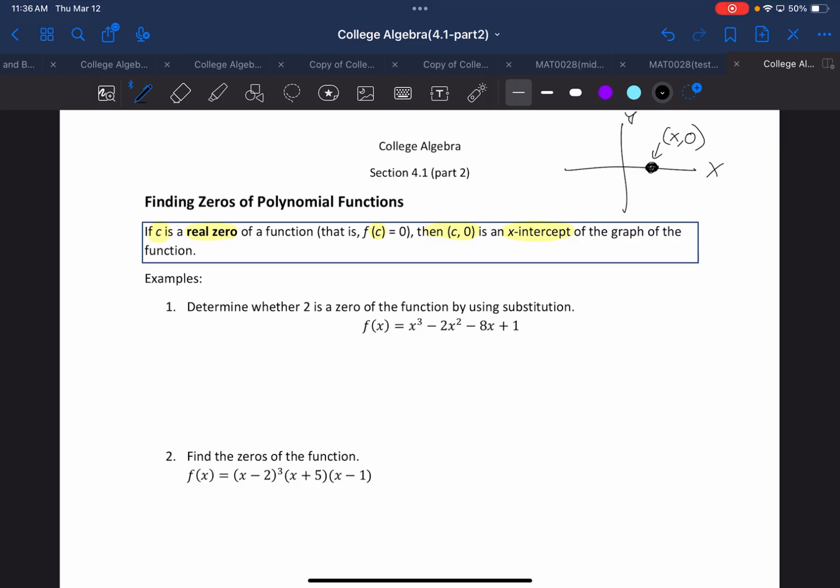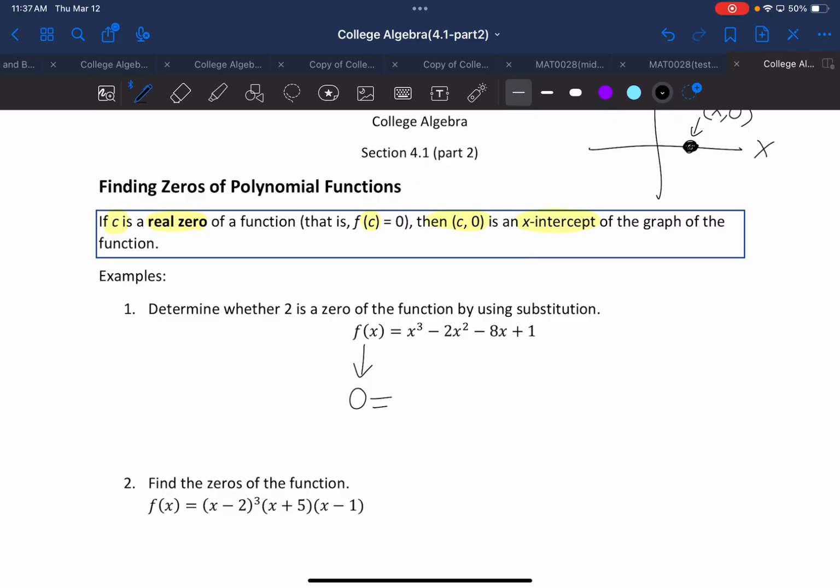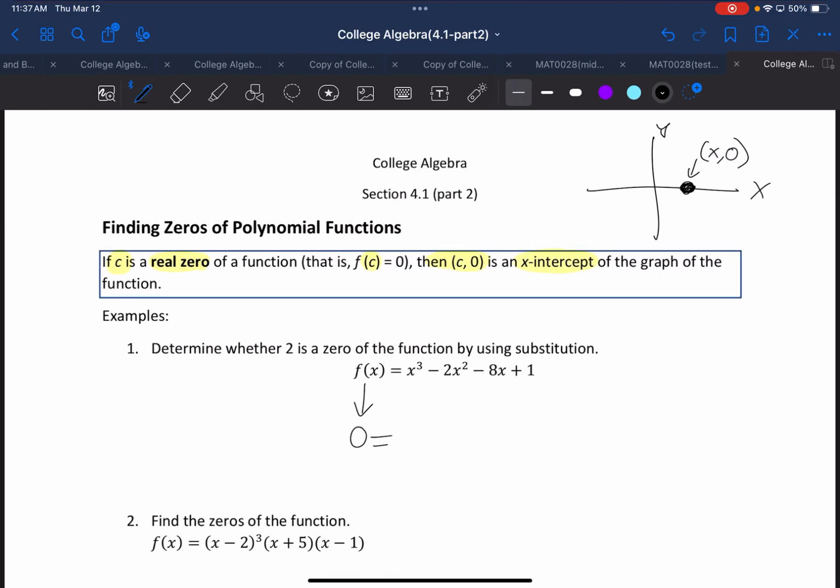So if I wanted to find a 0 of a function, I would set this equal to 0 and solve, because I'm plugging in 0 for y, and f of x is y. Just making sure we understand that.